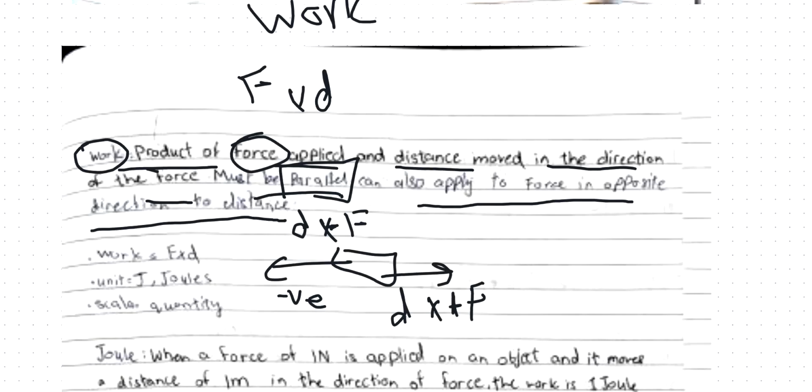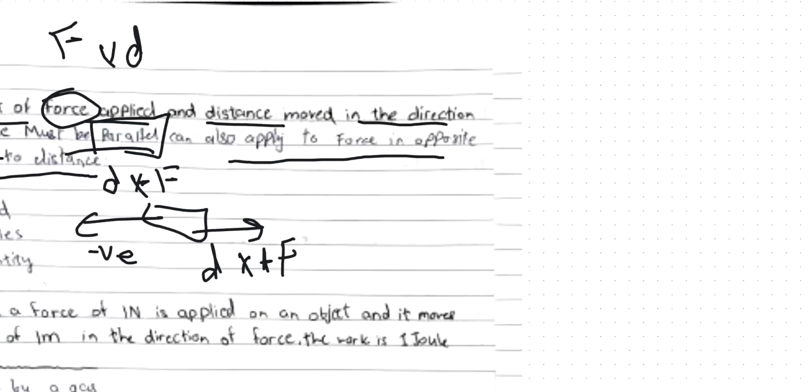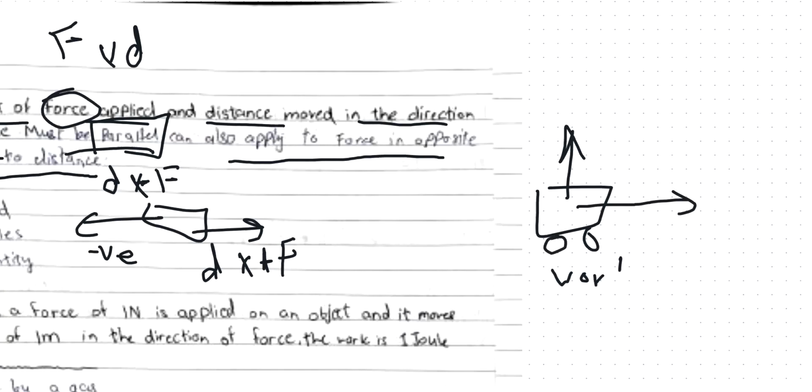There is one another rule I have to talk about. If this object was moving in this direction, but the force was acting upwards, then I will not call this work done. I cannot use force into distance because this force is perpendicular to the direction of motion.